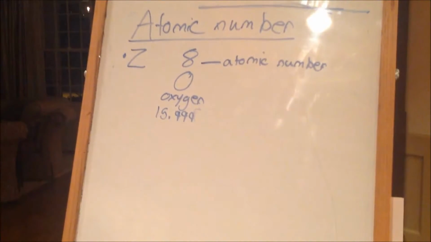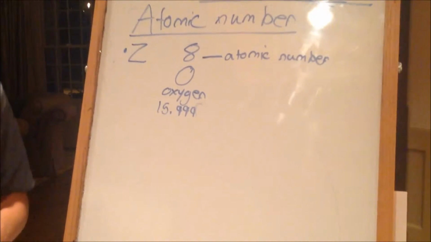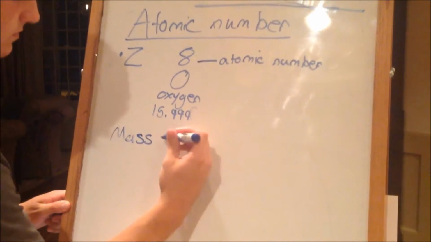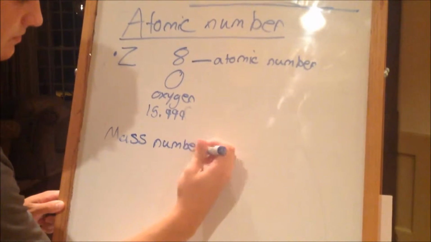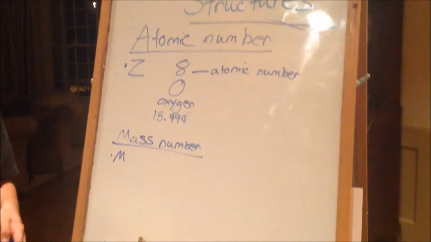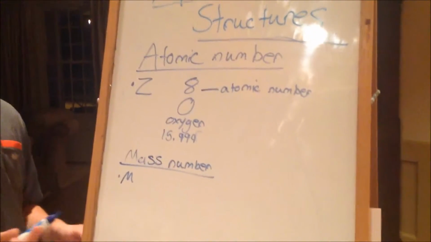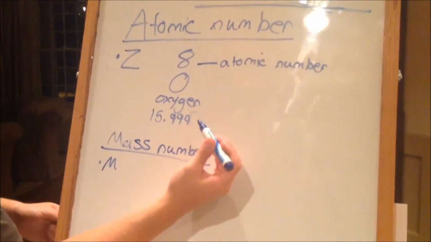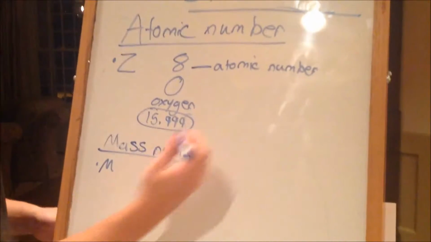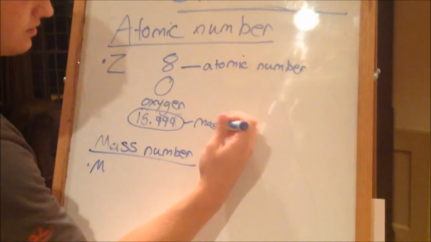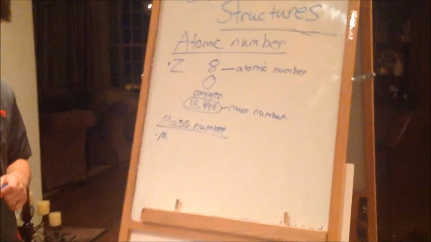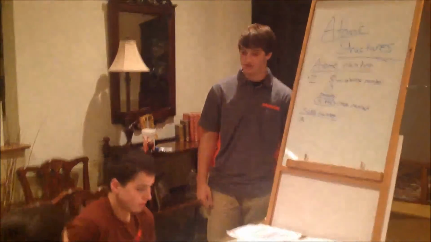The mass number can be categorized with the letter N. So mass number can be used with the letter N. Now, within an element on the periodic table, the mass number is located right here, going back to oxygen. This would be considered the mass number. Now, Joe, did that answer your question?